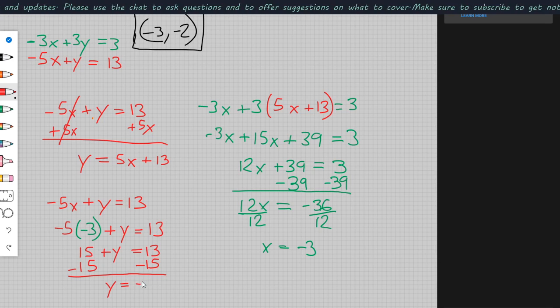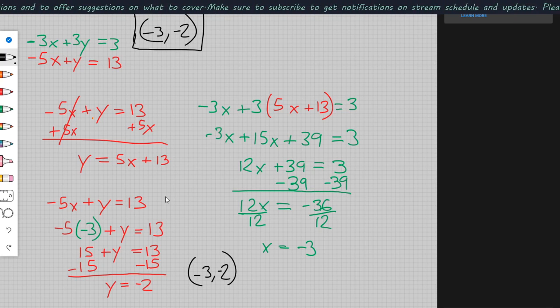Y equals negative 2. Does that match? Yes, it does match, so it's the same thing. So our final answer is negative 3, negative 2, and that does match up to what we originally had, so we did well. So we're good.